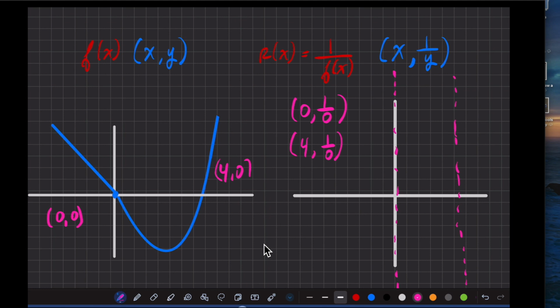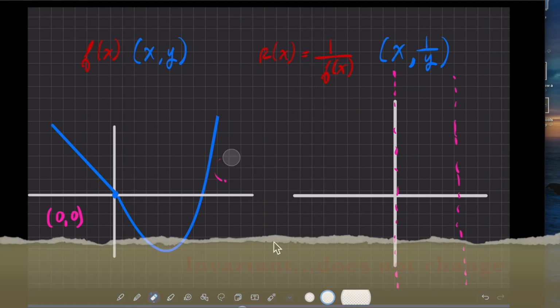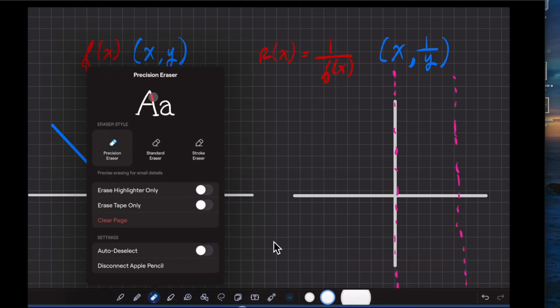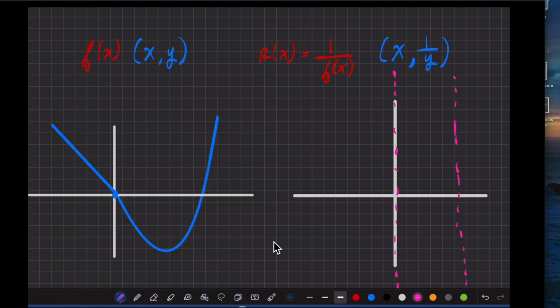Okay. The next thing we're going to do is locate what I call invariant points on the original graph. Let me write that word down. Invariant. The word invariant means it doesn't change. It doesn't vary. So let's look at the original graph.